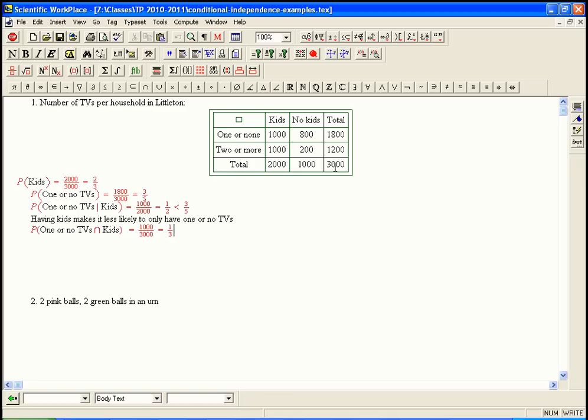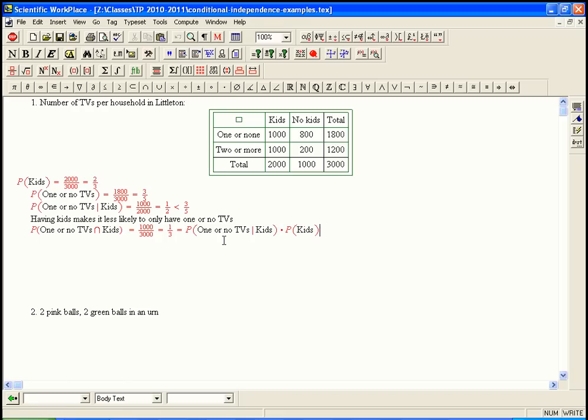So if you don't tell me anything, and just sample all the households, what's the probability that these both will be true, one or no TVs and kids? 1/3. So that's one way directly from the numbers, but it should also be true that this is equal to, by our laws of conditional probabilities, the probability that I have one or no TVs given kids, times the probability of having kids.